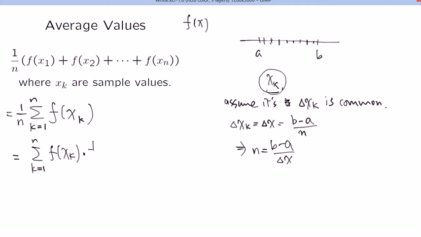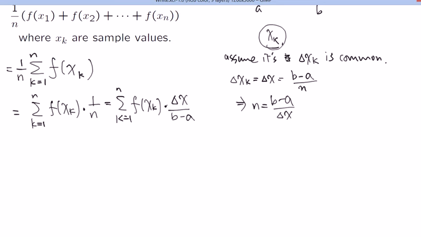And put it on here. Is that okay? But what's n? Right, b minus a divided by delta x. So it's the sum for k equals 1 through n of f of xk. But we're not just putting n, it's the reciprocal of n, right? So what is it? It's a delta x up there, the reciprocal of n, divided by b minus a, correct?